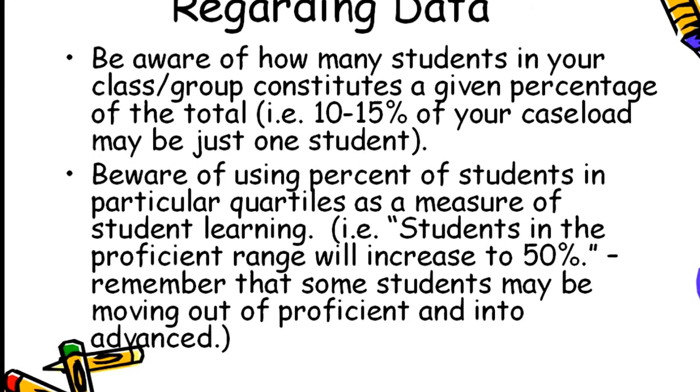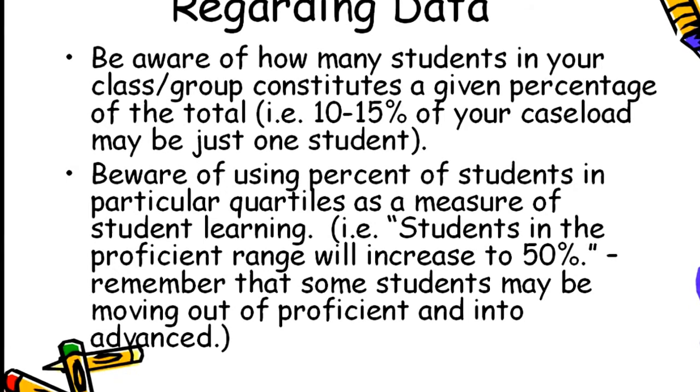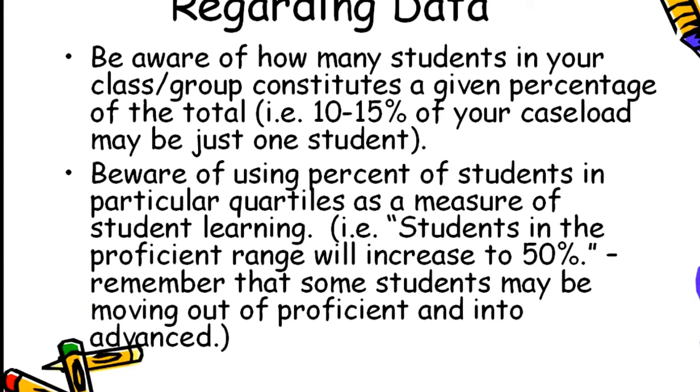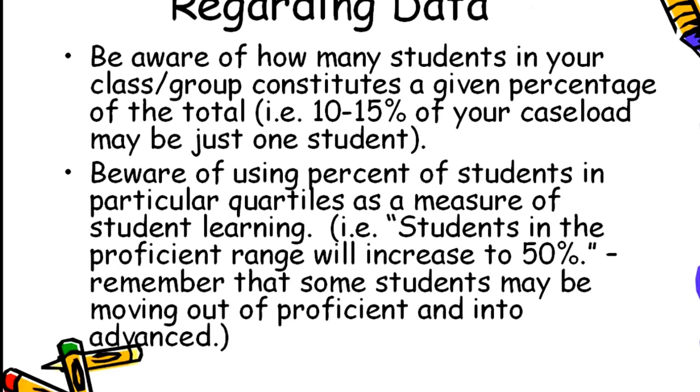So be careful of those percentage figures and percentage of growth that you anticipate, or the increase in the percentage of students that are going to attain something. Because of the smaller numbers we work with, we need to be cautious and aware of using percentages in that way.